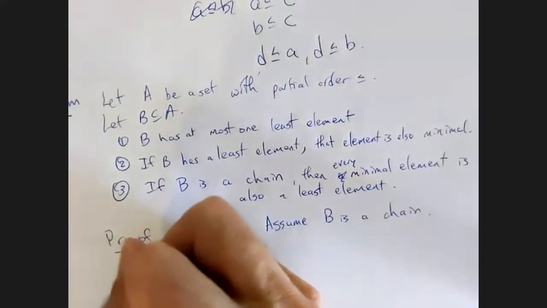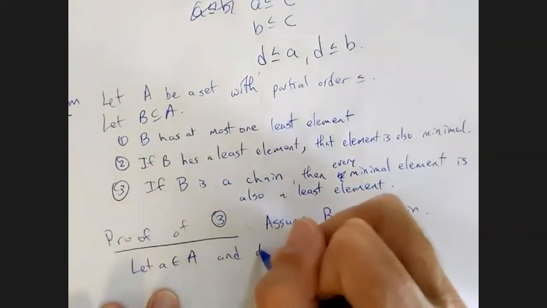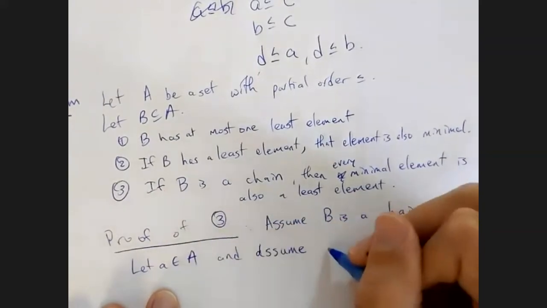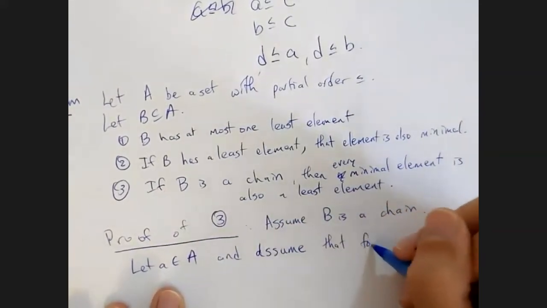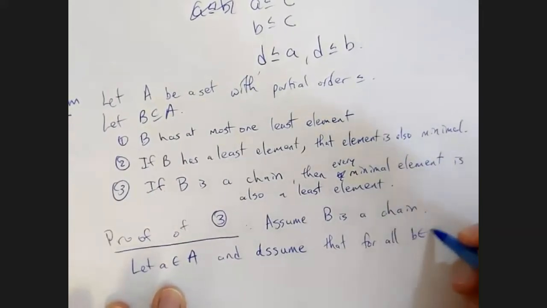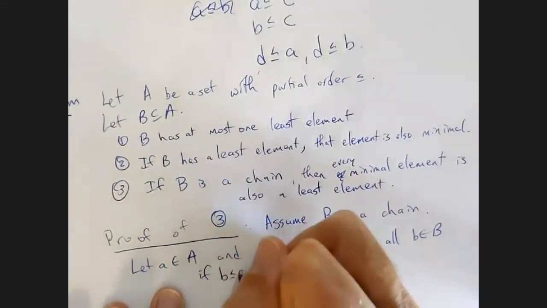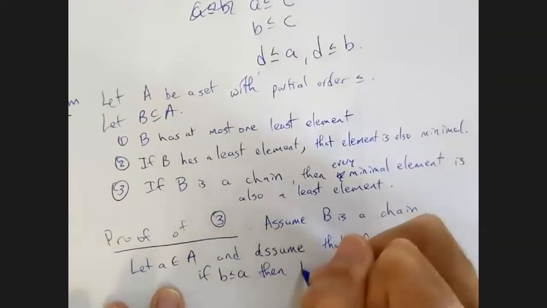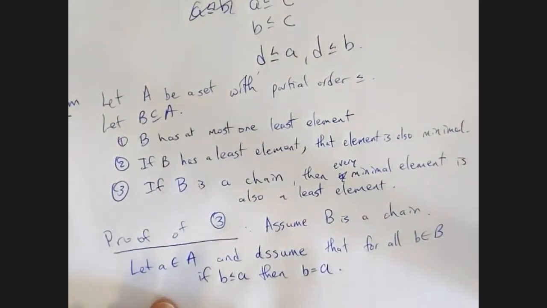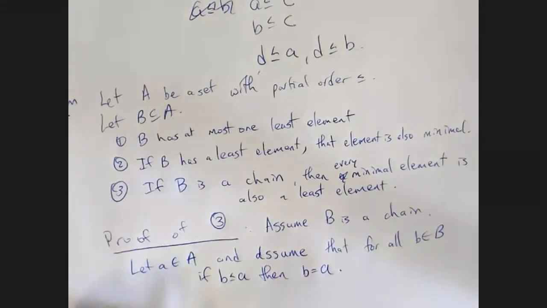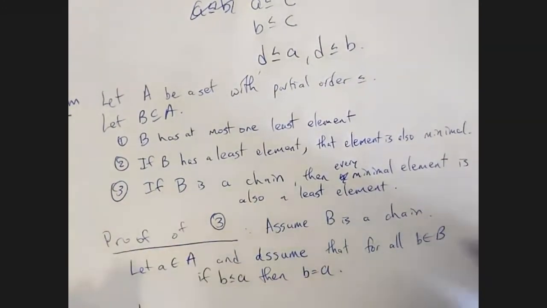Let A be an element, and assume that it's a minimal element. So that means for all B in B, if B is less than or equal to A, then B equals A. Now we have to show that A is less than or equal to all the elements of B.